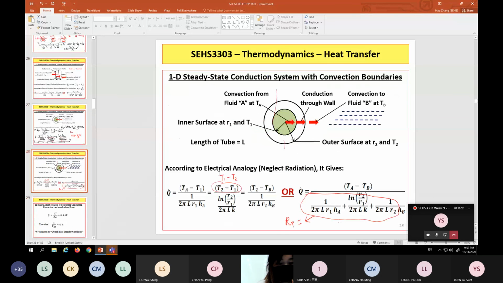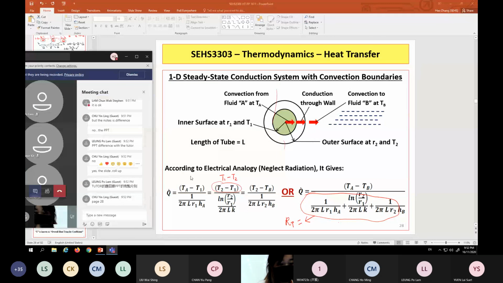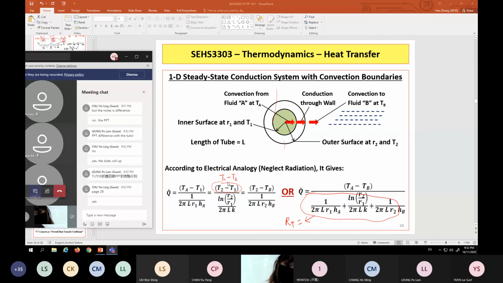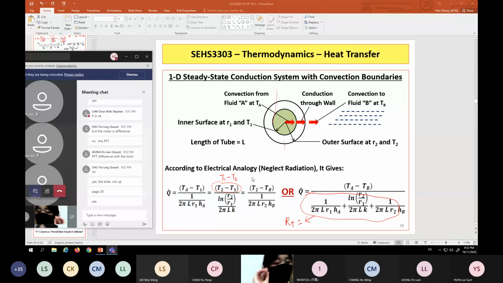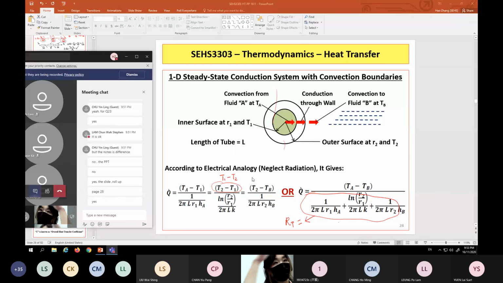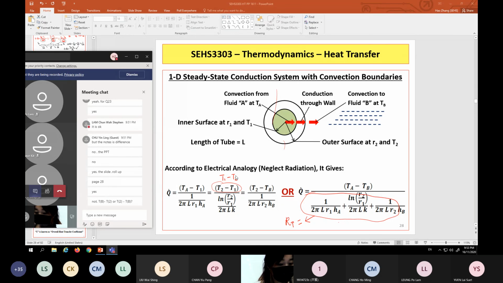Roll up. This one. Page 20. Yes, I have already told you. This one is wrong. Should be T1 minus T2. Okay? The tutorial questions are actually the same as the PPT, I just rearranged them. Should be T1 minus T2, okay?